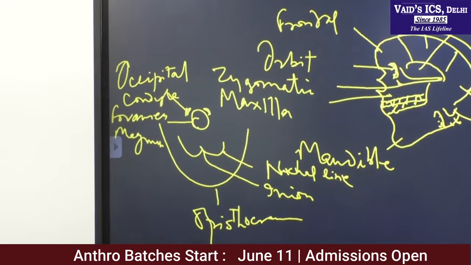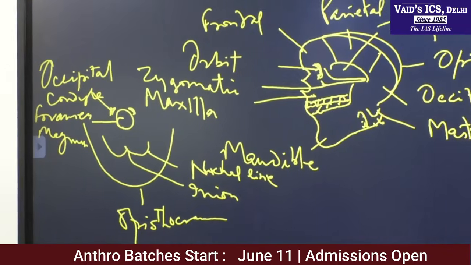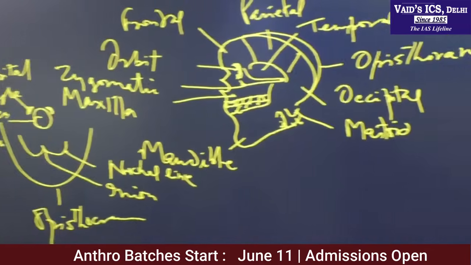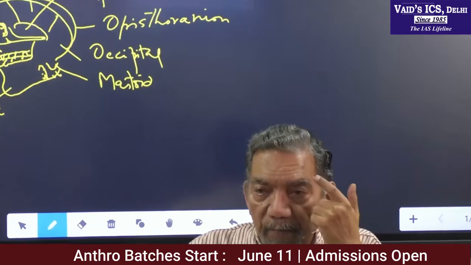Fine. Any slight projection is called a line. If it is slightly more projected than a line, it is called a ridge. Like here, this is a ridge above the orbit.